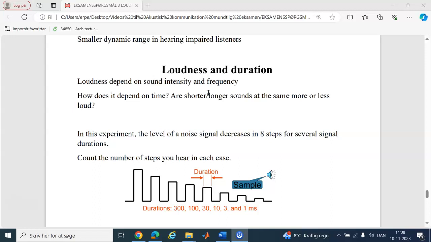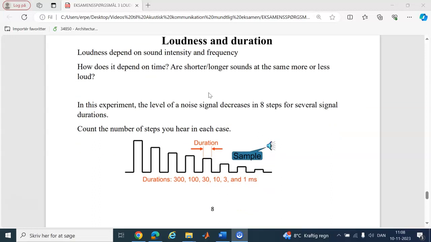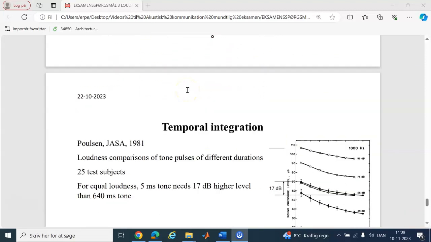Are shorter or longer sounds, at the same level, more or less loud? It turns out that the loudness depends on time. The longer the time, the more loudness.